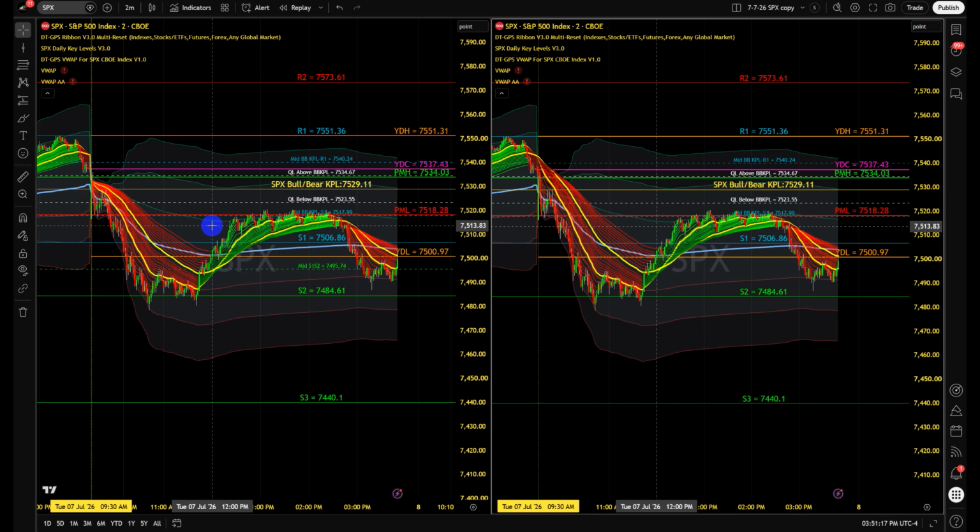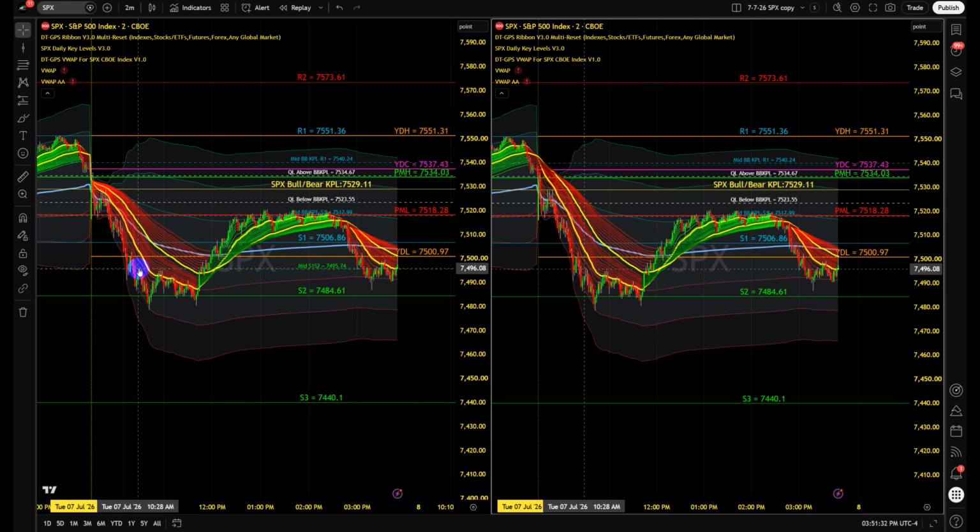Then you can either close out some or all of your remaining runner positions, or further adjust your stop loss in your favor by adding on additional profit buffer, and do the same thing as it continues to trend in your favor, using the ribbon as your guide.